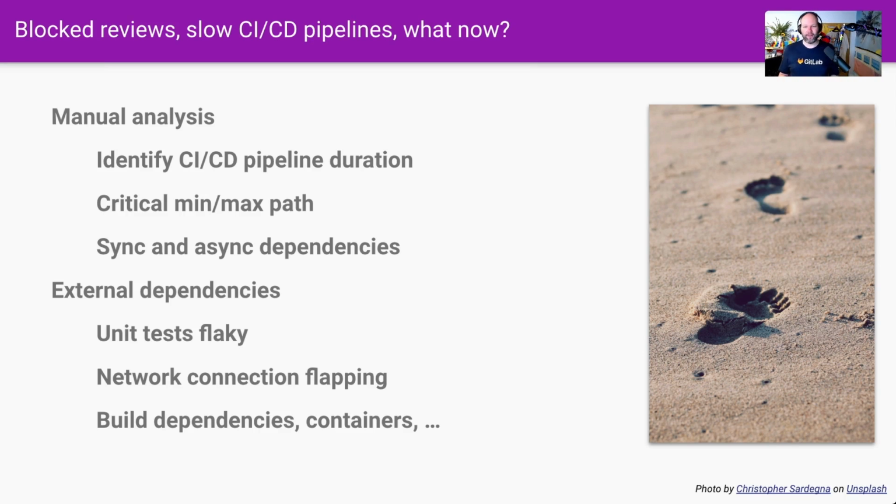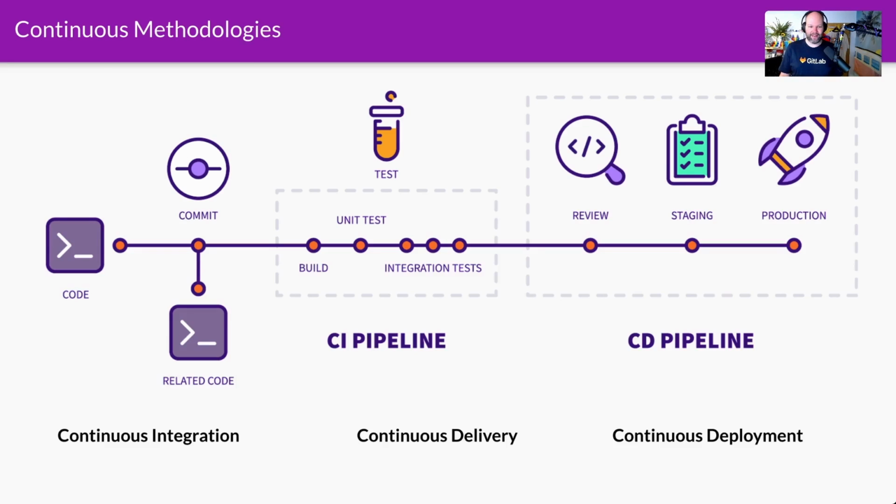And from an external dependency point of view, we might be seeing unit tests which are flaky, network connections are flapping, even build dependencies, containers, and everything else has an influence in inefficient pipelines which are running too long, which are blocking reviews, and so on. Now, in order to understand where we want to go deep, we have continuous integration, then we have continuous delivery and continuous deployment. And there are different ways to really start analyzing what is going on and what is blocking inside the pipeline.